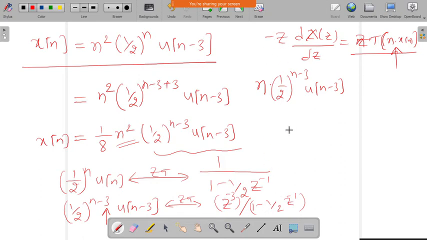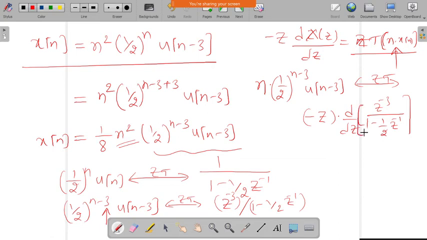Then we get the z transform, that is minus z into d by dz of z power minus 3 divided by 1 minus 1 by 2 z power minus 1. So this is what we need to do.